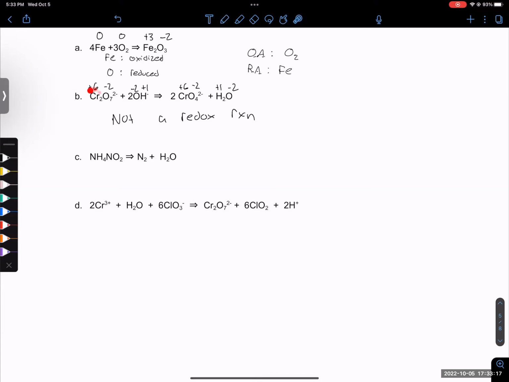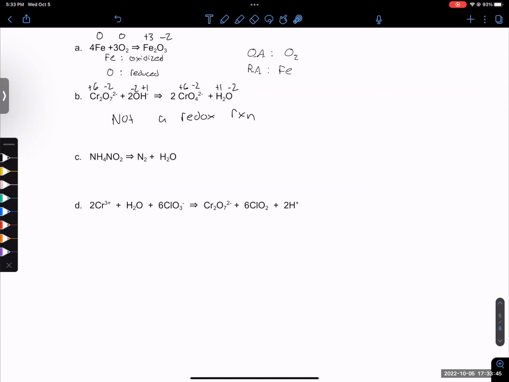Like we see here on the left side, chromium is a +6, and on the right side, it's +6. So it remains the same. It's not being oxidized. It's not being reduced. So we go to the next element. Oxygen is a -2 here, a -2 here on the right side, and a -2 here. Therefore, it's not being oxidized or reduced, because that number is not changing.